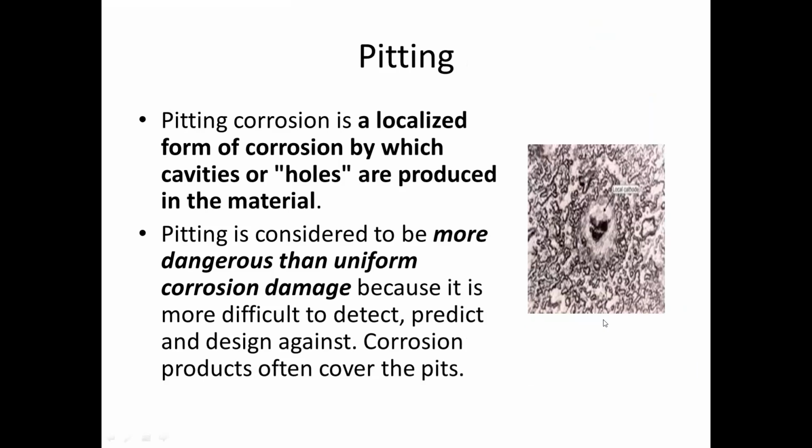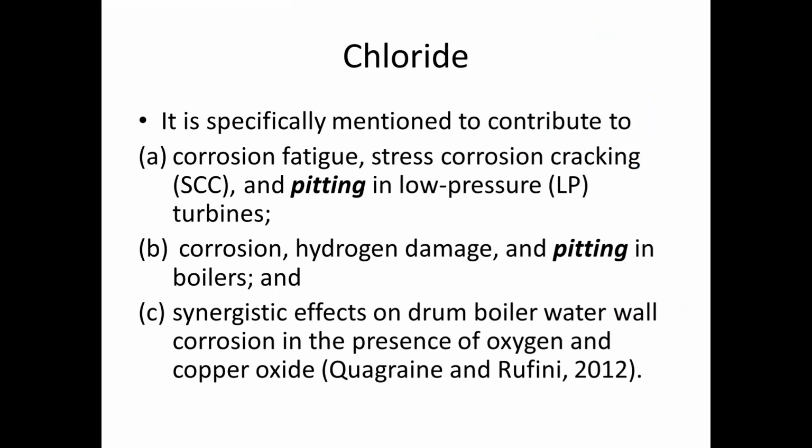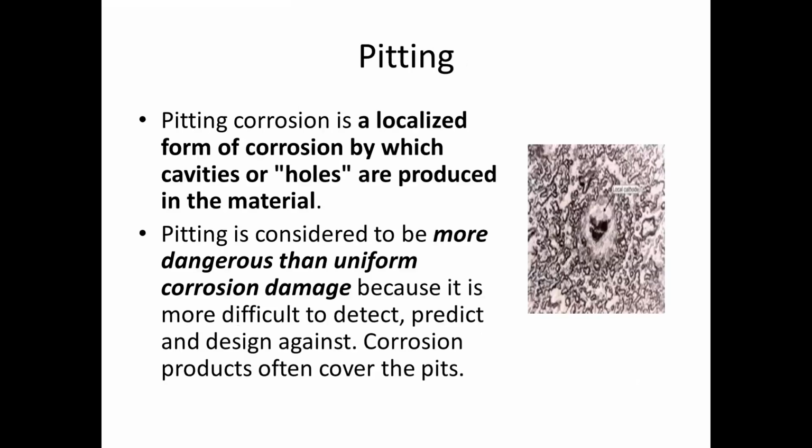We already know this because we discussed it last time during our corrosion discussion: corrosion, hydrogen damage, and pitting in boilers, and synergistic effects on drum, boiler, and water wall corrosion in the presence of oxygen and copper oxide. This is according to Cochrane and Rovini, 2012. So chloride, again, could cause too many problems inside the boiler, and one of them would be pitting corrosion.